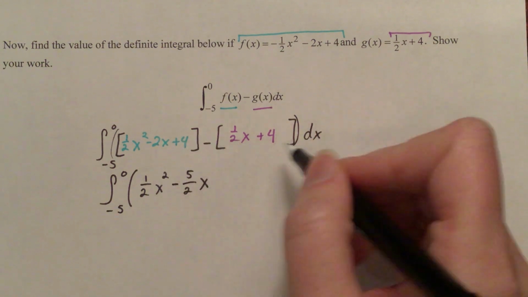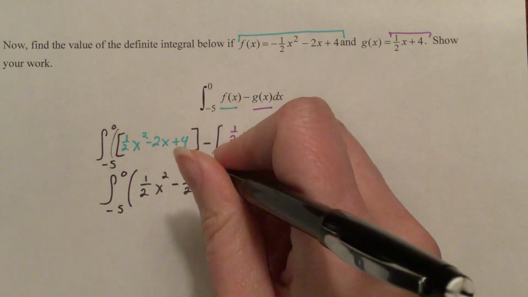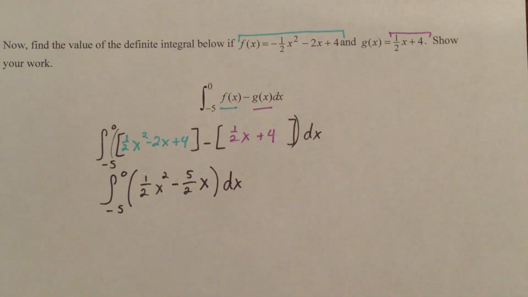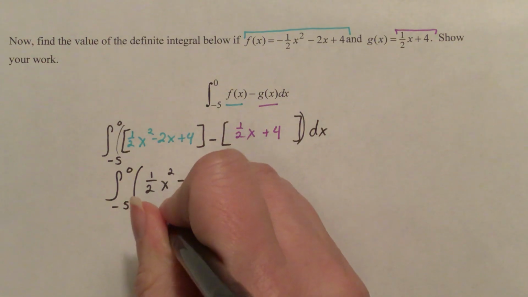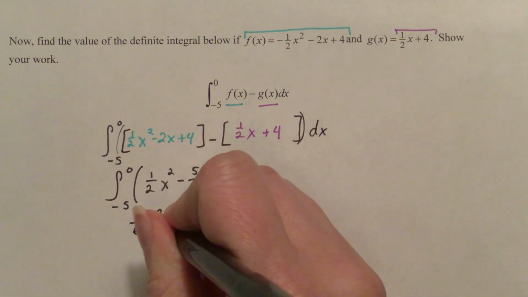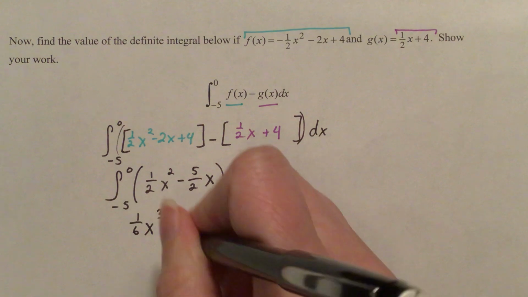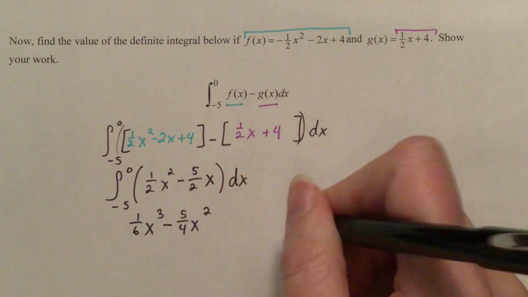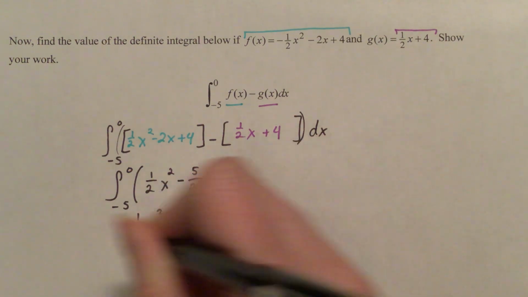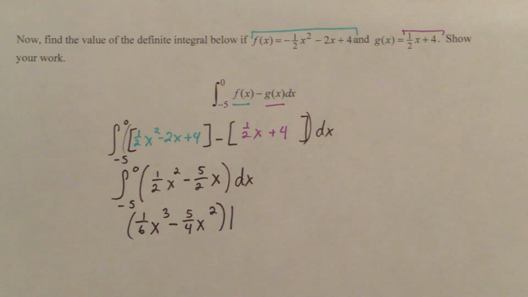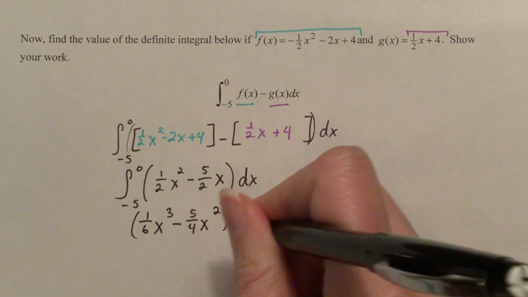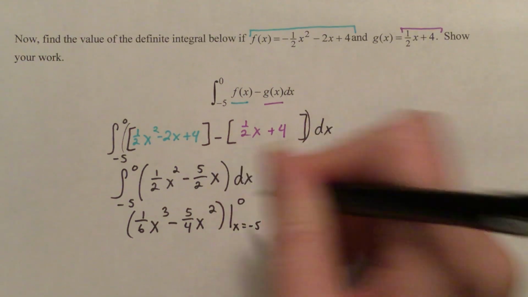And then we've got 4 minus 4, which is 0, so that disappears, dx. We take our integral, x cubed over 6 minus 5/4 x squared. Normally plus c, but we're evaluating from x equals -5 to 0.